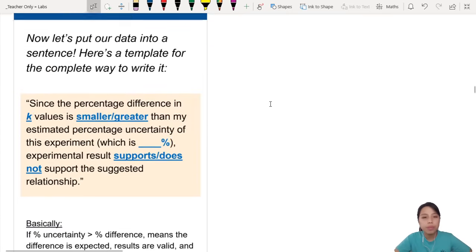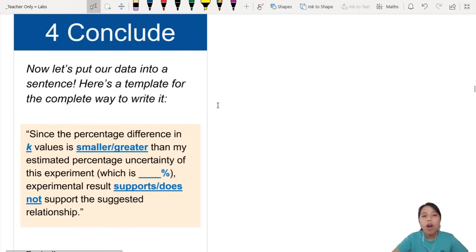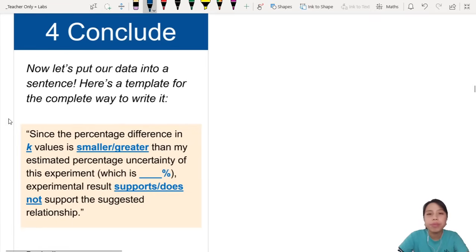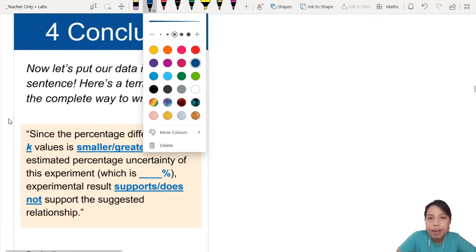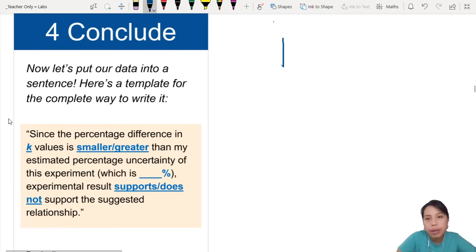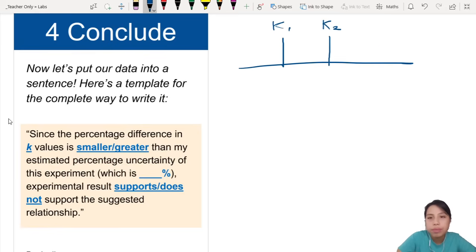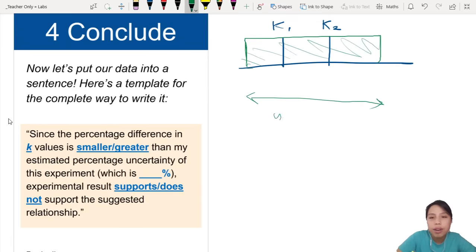Now you need to conclude. This is a suggested template of how you can explain the sentence. You must remember how to write this one, but let me explain first what's happening. You have a difference in K values. Let's say your K1 is this value on a number line, and K2 is this value. They're supposed to be the same, but they are different. So if your experimental uncertainty is this big, this green area is so big, that is an uncertainty of 50%.